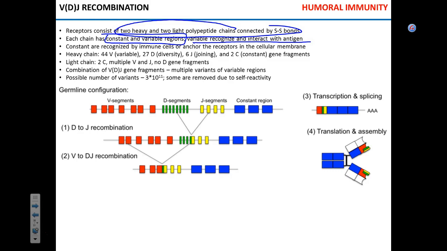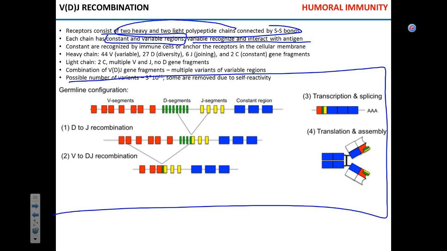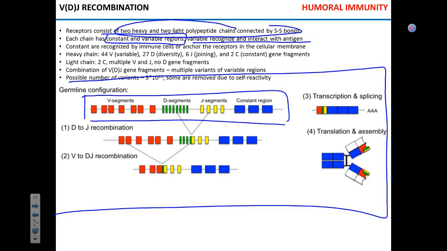So now let's take a look at how the chain is composed. This specific graph illustrates the generation of the heavy chain. Okay? So imagine that you have this. It is a fragment of the human genome. Okay?